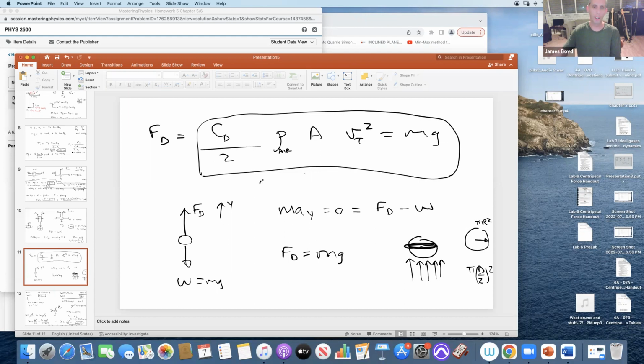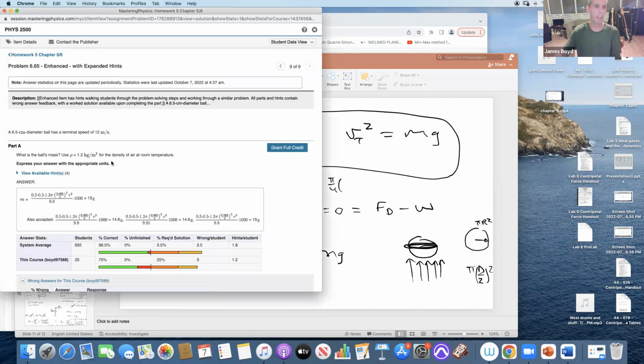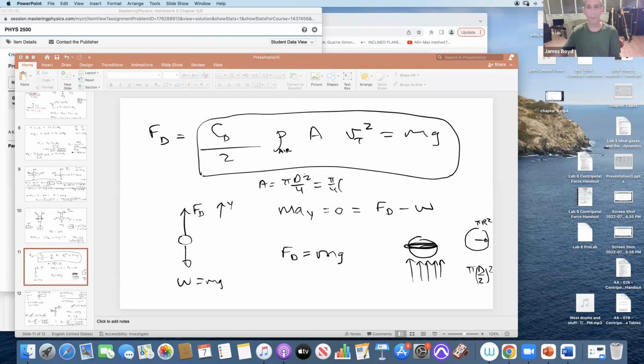So our cross-sectional area is going to be pi d squared over 4. Our diameter is given as 6.5 centimeters. We need that in meters.